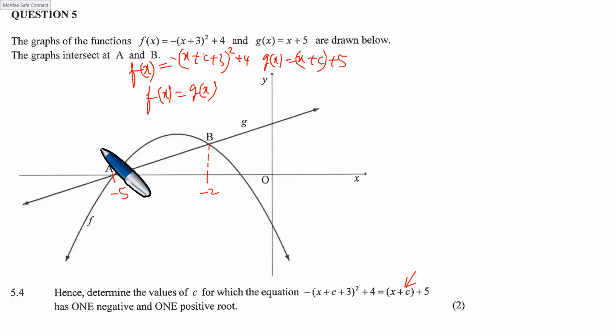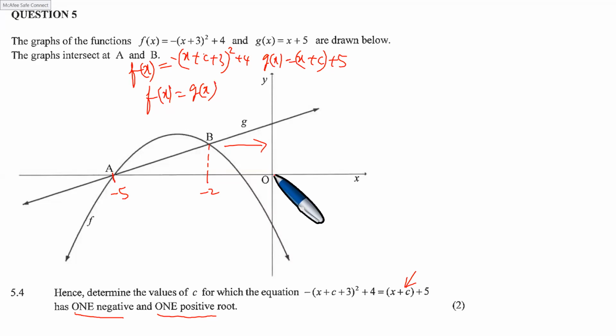So let's understand. If we want one negative and one positive root, what does it mean? It means that at the point at which the two graphs intersect, which is now at -5 and -2, how much can we move these graphs by?